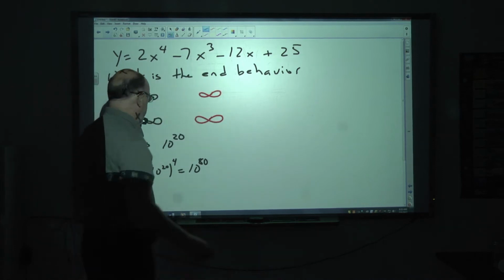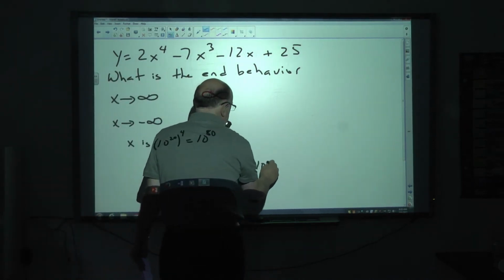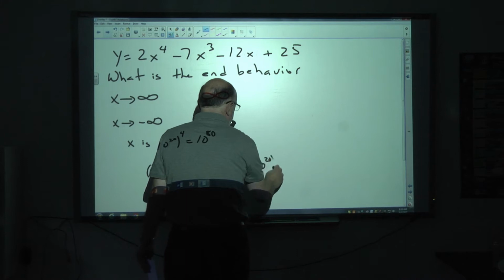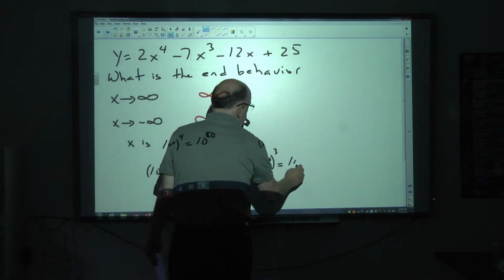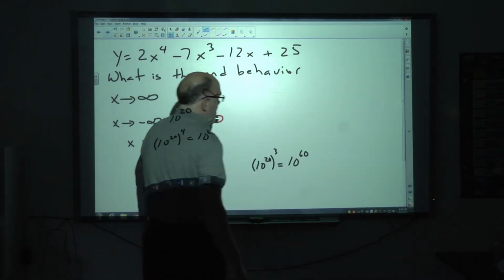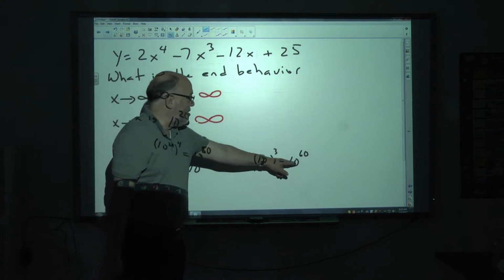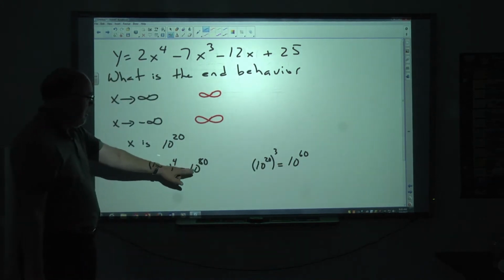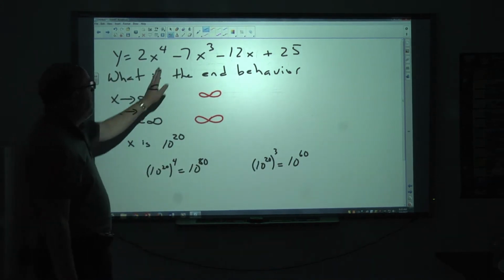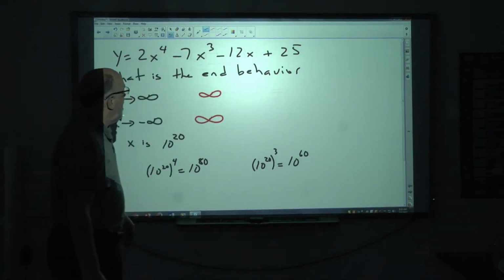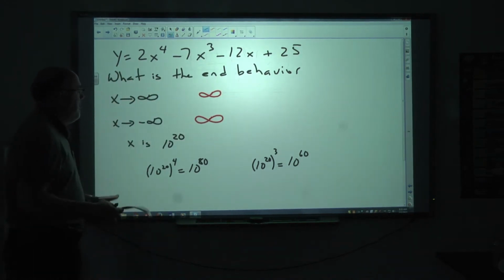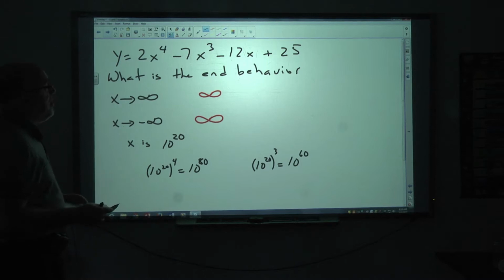And for this term, 10 to the 20th raised to the third power is 10 to the 60th. Yes, this number is large, but it really is nothing compared to this. And so these terms really go away as x goes to infinity or negative infinity.